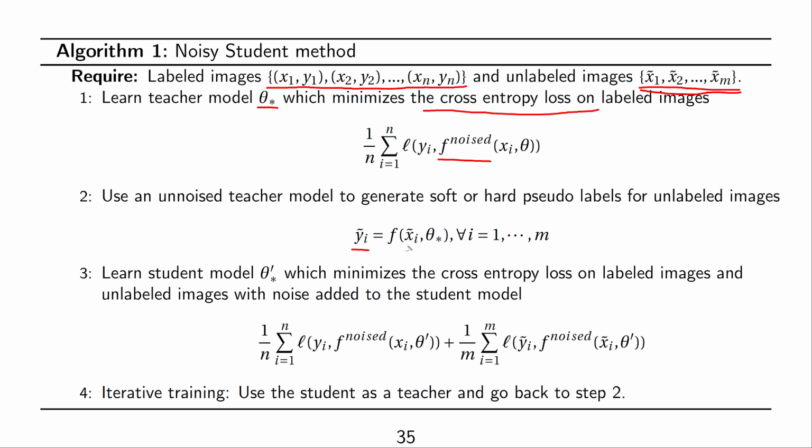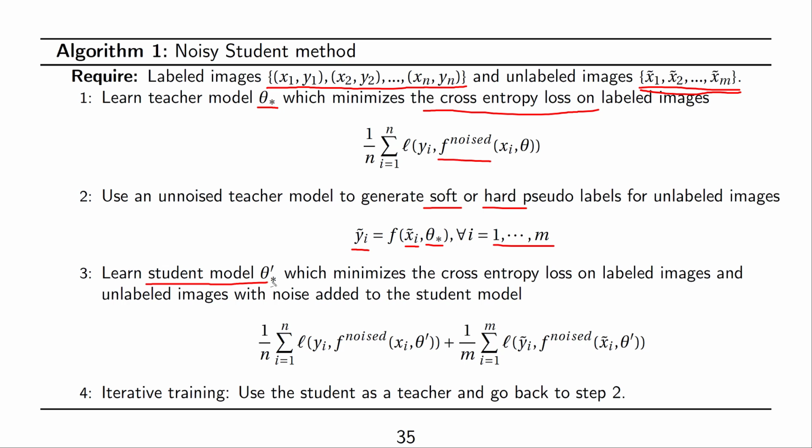So we predict these pseudo-labels yi tilde for each unlabeled input image xi tilde using the teacher model theta star trained in step 1. And we do this for all the images in the dataset of unlabeled images. It's possible to do that with soft or hard pseudo-labels.